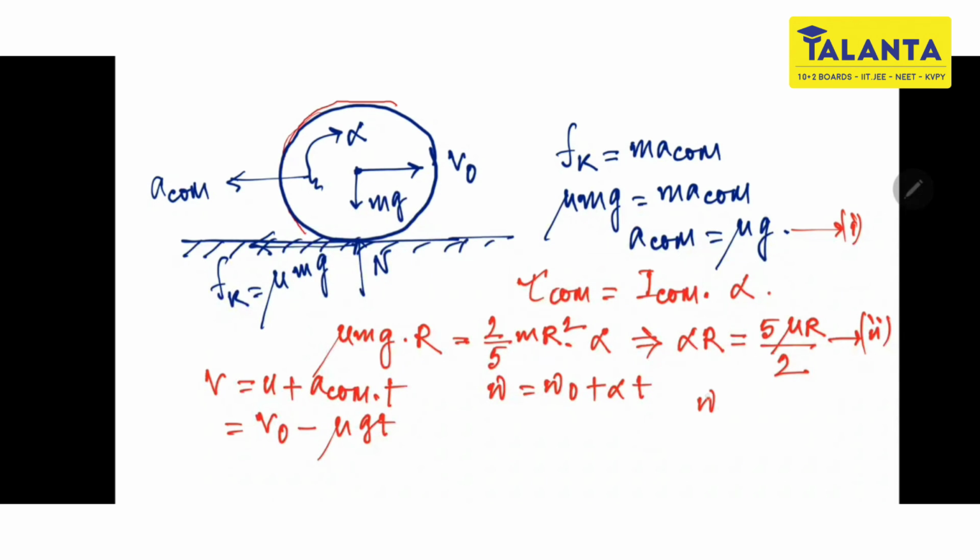Here omega 0, the initial angular velocity, equals 0, therefore omega equals 5 mu g by 2r into t. Now when pure rolling starts, v equals omega r.